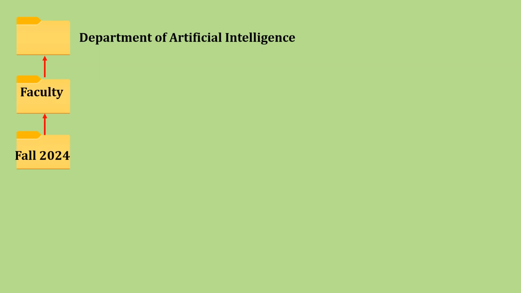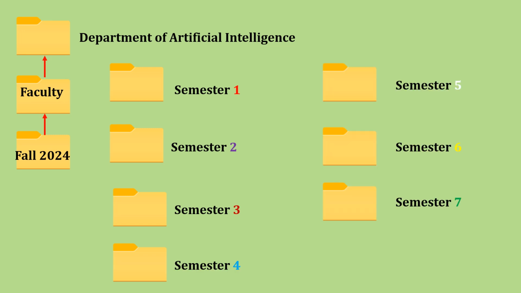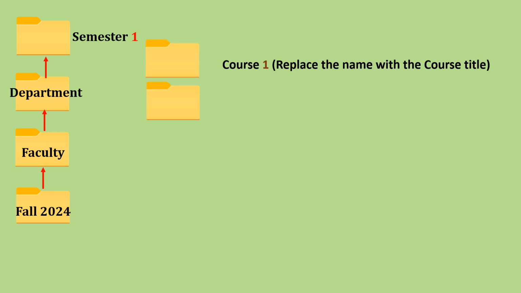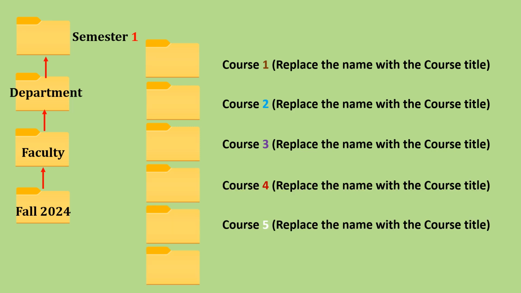We will find a subfolder for each semester, ranging from semester 1 to semester 8, and if we click on semester 1, it will reveal additional subfolders named after the courses offered during the semester. The HoD will need to rename each course folder with the appropriate course title to ensure clarity.